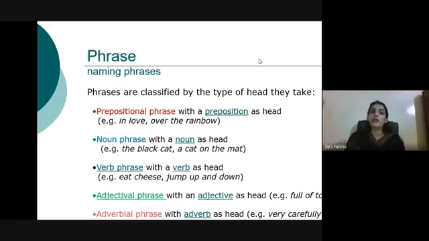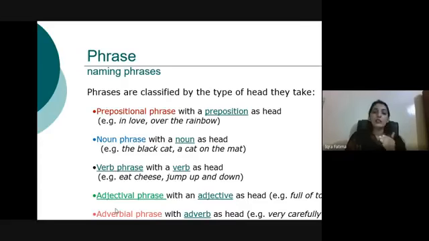So we use the head of the phrase to classify it. The head of the phrase will classify whether that phrase is prepositional, noun phrase, verb phrase, adjective phrase, or adverbial phrase. So the starting word, the head, is the starting word of the phrase and will define its type.